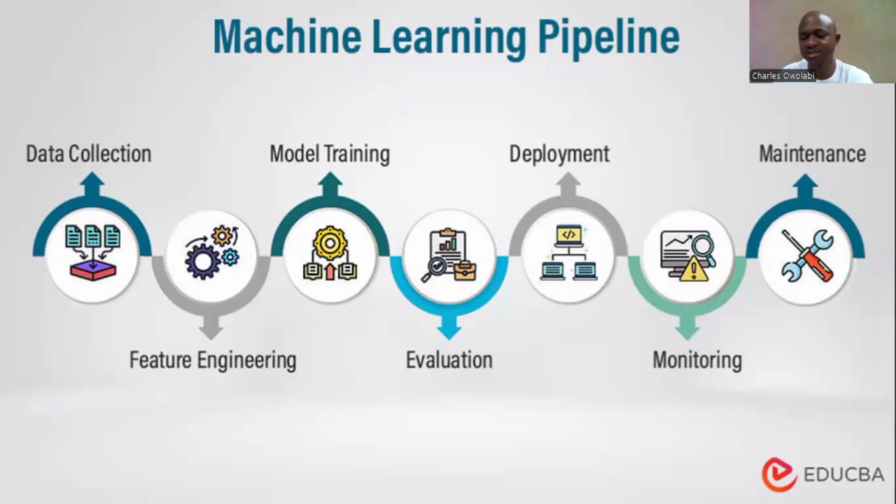Model training is about training your model and testing it to ensure that it gives you the desired performance. And then evaluation is checking to see if it actually performed to what you need. Then when you're satisfied with that, you deploy. That's the deployment stage. Deployment is taking it to the production level where it is actually used by the end users. And then monitoring has to do with consistently following up with the model to ensure that it gives you the desired results.